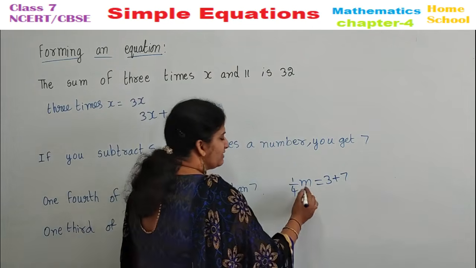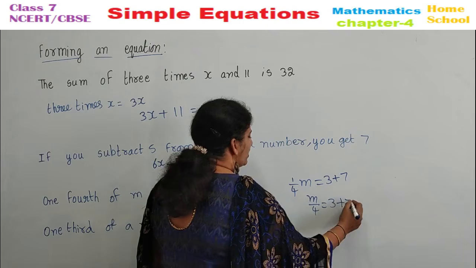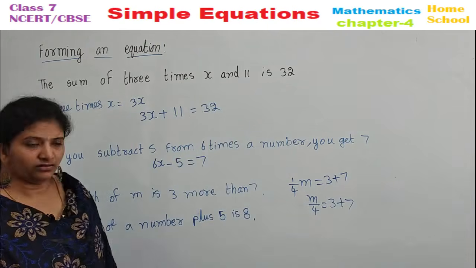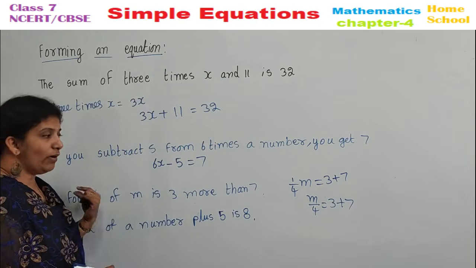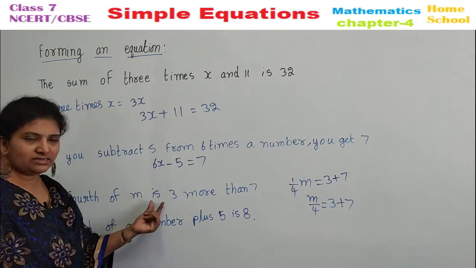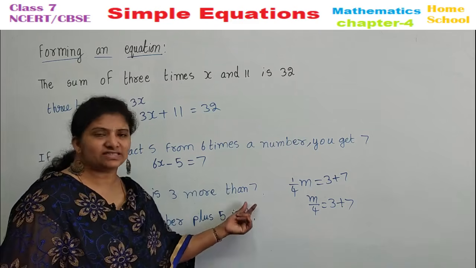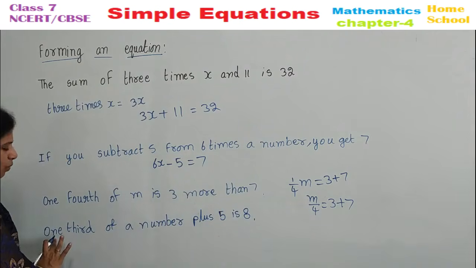And you can rewrite this as m/4 equal to 3 plus 7. I repeat, 1/4 of m means 1/4 m is 3 more than 7. 3 plus 7.